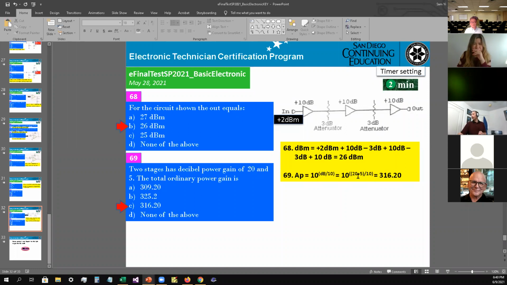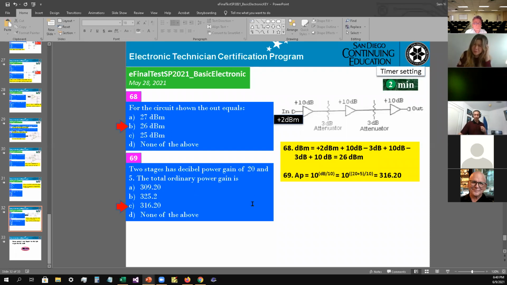So that could be 2.5. So 10 raised to 2.5, the answer comes to 3.16. So the answer is C as in cat for number 69.